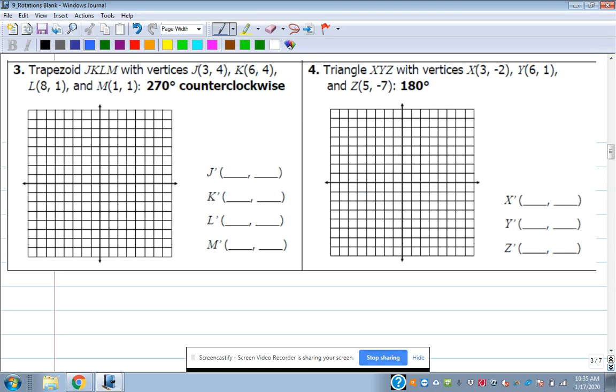Okay, so we've got trapezoid JKLM with, excuse me, vertices at 3, 4. So I'm going to plot that. 6, 4. 8, 1. And 1, 1.